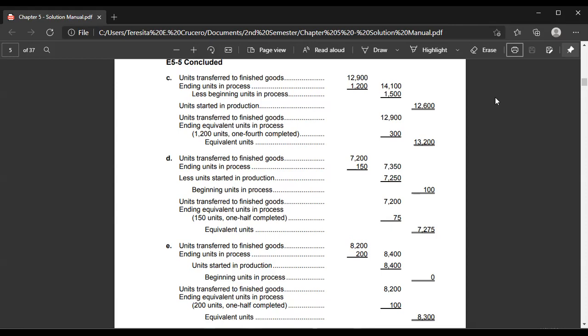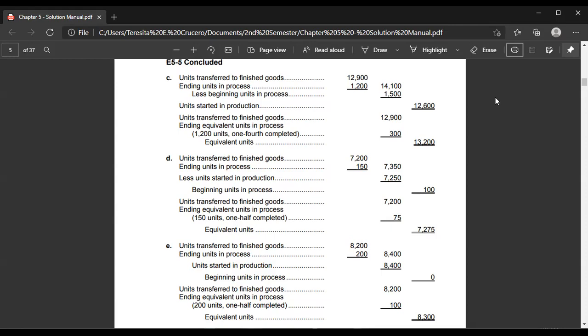So units transferred, 12,900 given, assumed to be 100% completed. Then the ending inventory, 1,200 units, one-fourth completed. So you now get 1,200 times one-fourth equals 300. So you now get 13,200 is the equivalent units of production.